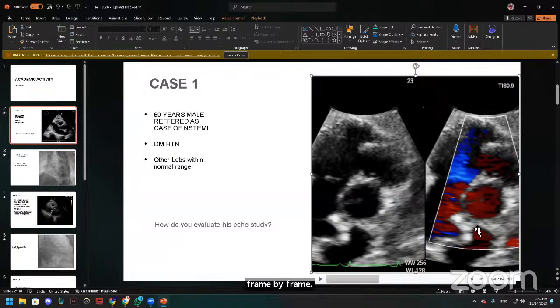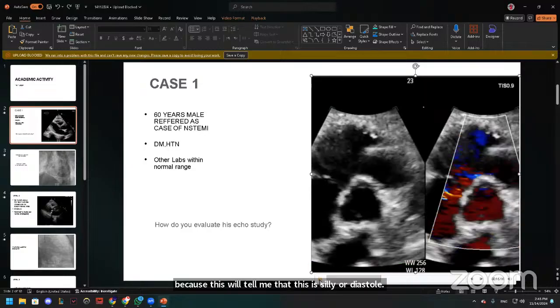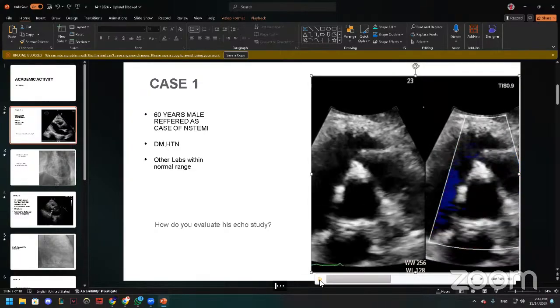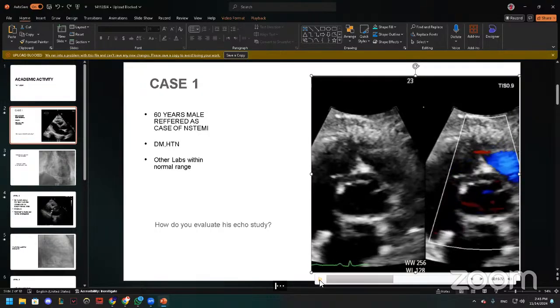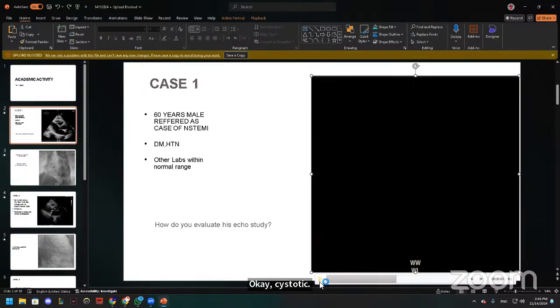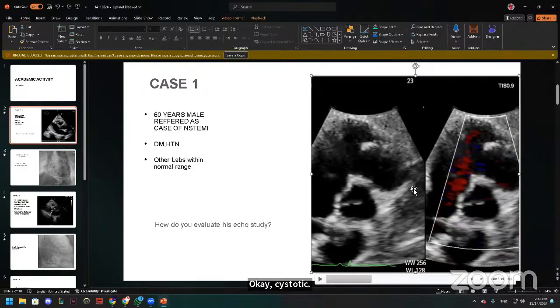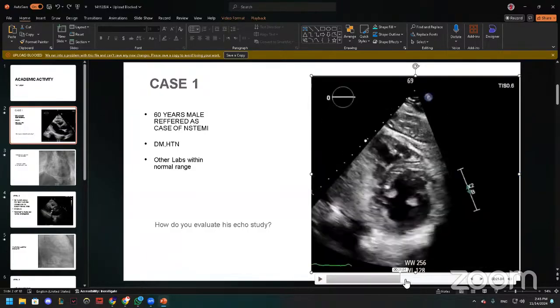Just to follow the movement with the ECG, because this will tell me whether this is systole or diastole. Because I only saw two colors. Okay, systolic. Okay, we lost the view. Anyway, in the recorded loops it usually looks easy.